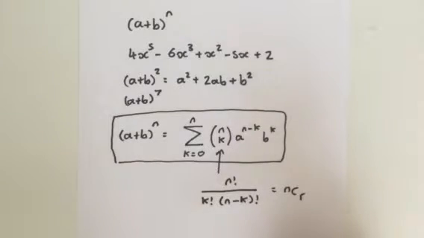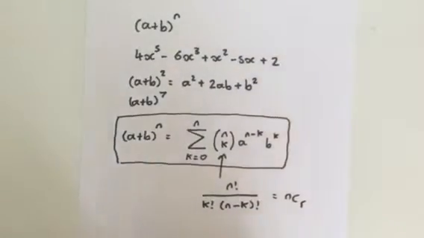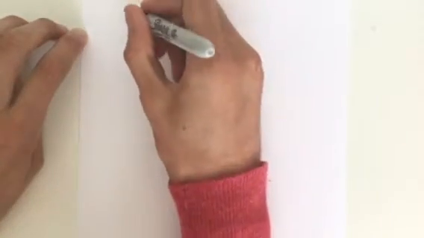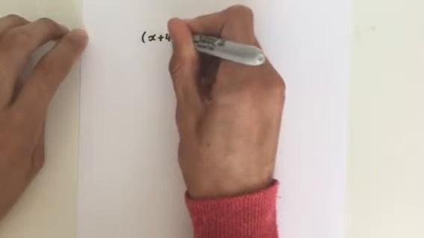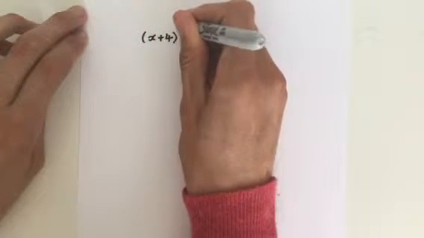So let's do an example. This example will just be an easier one. It's going to be x plus 4 to the power 5.